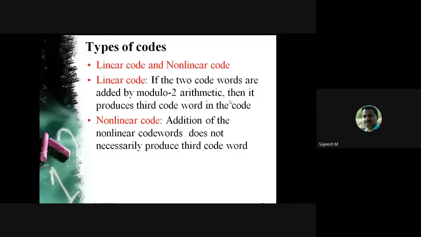Next we are going to see linear block code in detail. Actually, a linear block code is one which satisfies the linearity condition and which is a block code. Anyway, under error control coding we can have block code and convolutional code, and next, linear code and non-linear code.